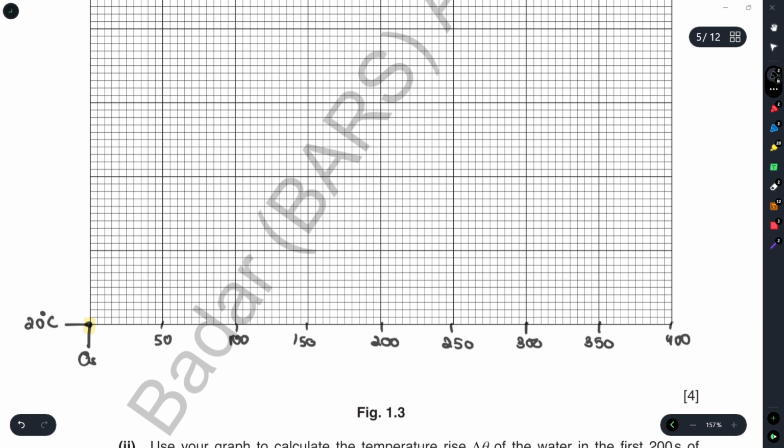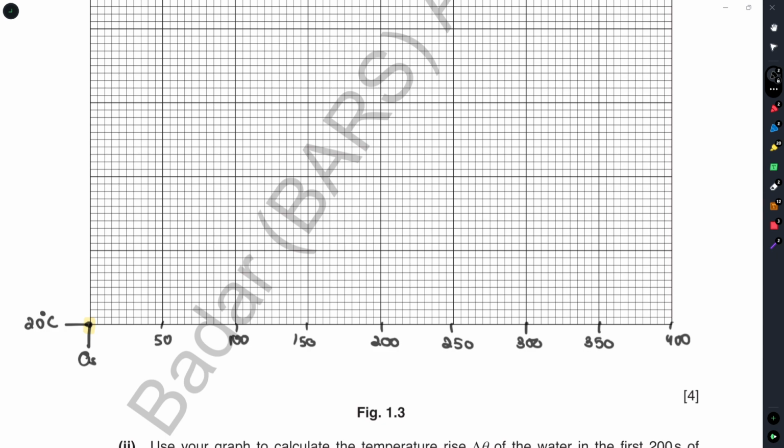All right, so to be able to fit 0 to 360 seconds, you need at least 50. Of course, you can go with 100 seconds per box as well, but then you probably will lose a mark for the correct linear scale. Why? Because you won't be using more than half of your graph paper.